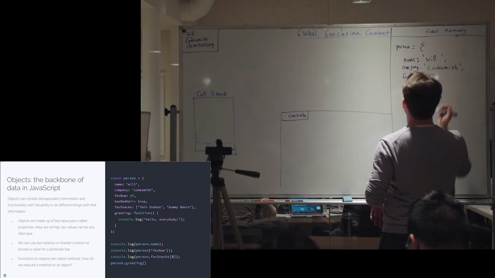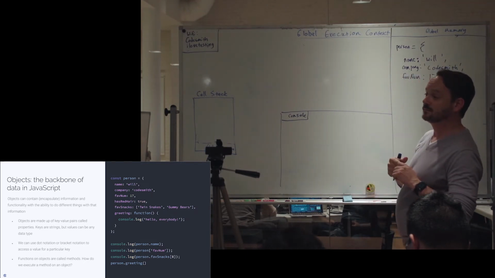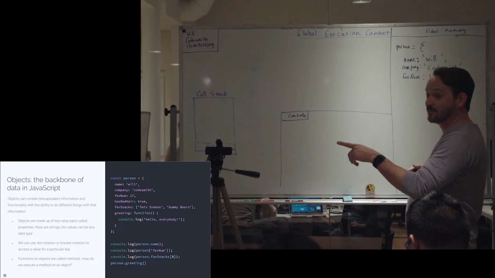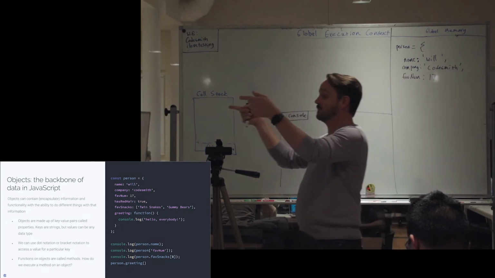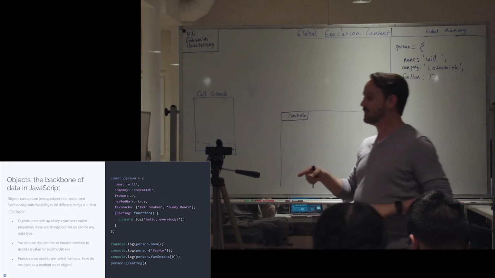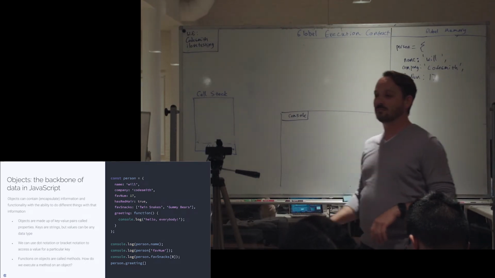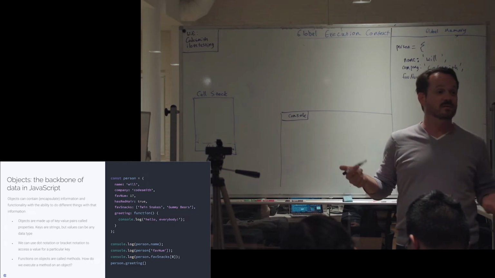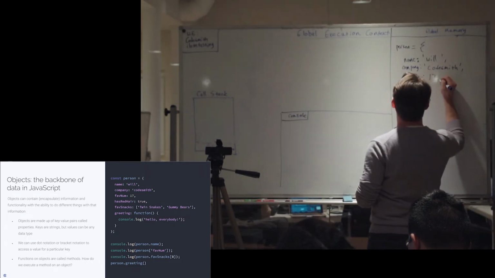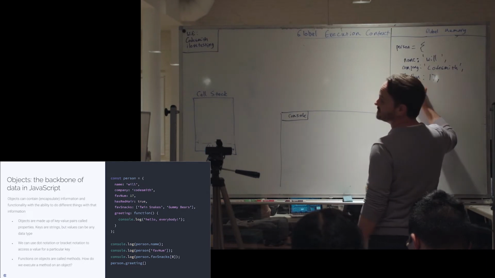And how do we know that that's an integer? It's a number. You're right. But what if I put quotes around that number? Then it would be a string. So we know it's a number because it doesn't have quotes around it. So it is an integer, or a number as we call it in JavaScript.